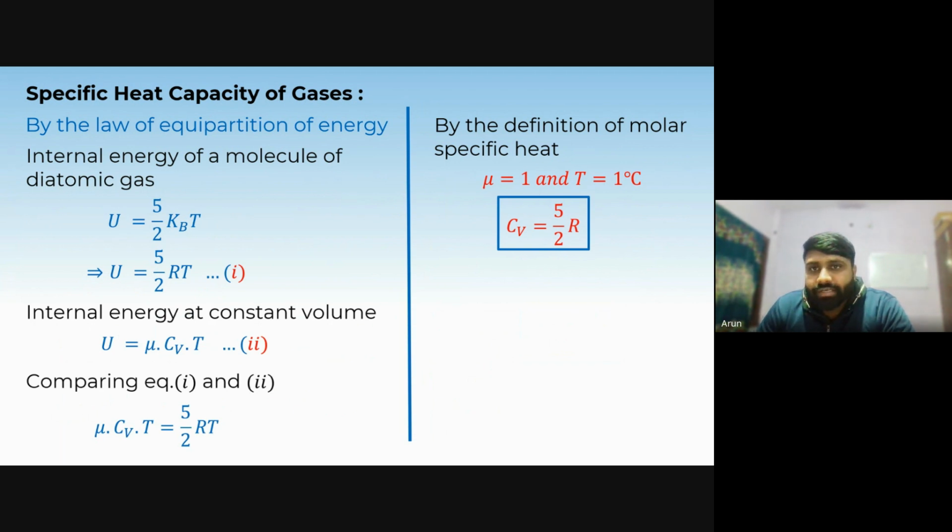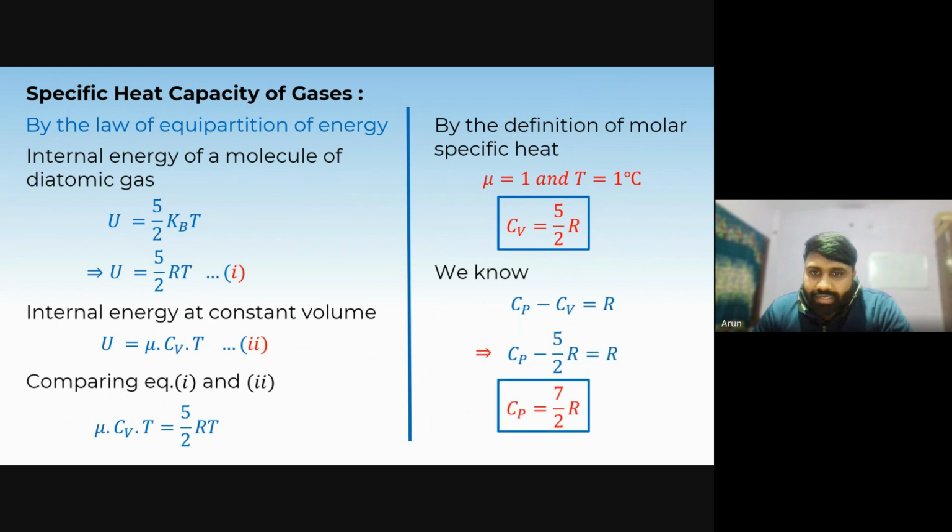In the monatomic case, it is 3 by 2 R. Only you need to add R into that. And for Cp, you can calculate, it is 7 by 2 R. So for monoatomic, Cv is 3 by 2 R. For diatomic, Cv is 3 plus 2, 5, and Cp is 5 plus 2, 7.